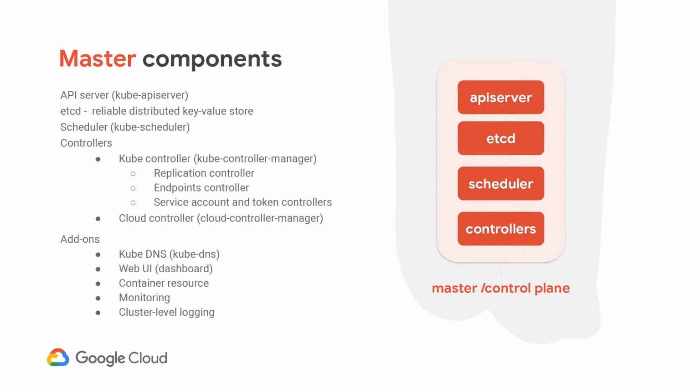No direct access to the underlying components is allowed. etcd is a distributed, reliable key-value store, and it uses a consensus algorithm to make sure that once a key value is written, all the clients will read the same value for that key. We also have some other components listed here that we'll discuss in turn, such as our scheduler and various other controllers, as well as add-on components that you see.